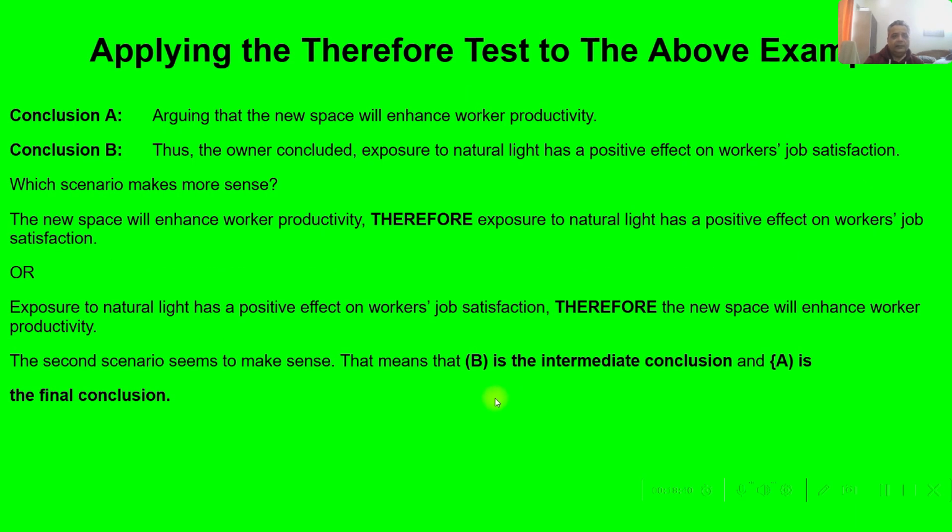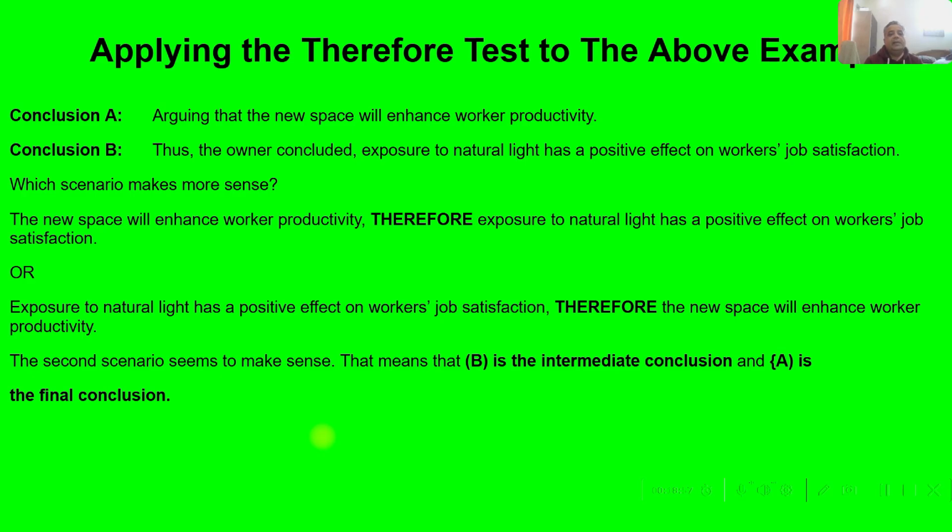Now we apply the therefore test. Conclusion A: the new space will enhance worker productivity. Conclusion B: thus the owner concluded exposure to natural light has a positive effect on workers' job satisfaction. Which scenario makes more sense?